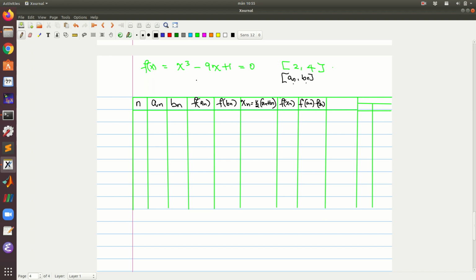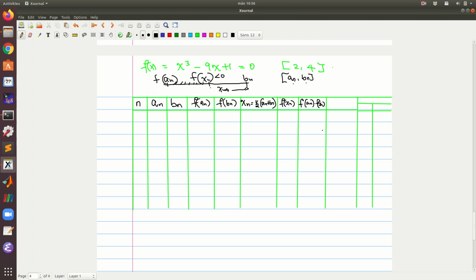Okay, let us do this. If we have an, and then we computed xn, and then bn, if the root lies between an and xn, then the product of f of an and f of xn should be less than 0. If it is not, then the root will lie between xn and bn.